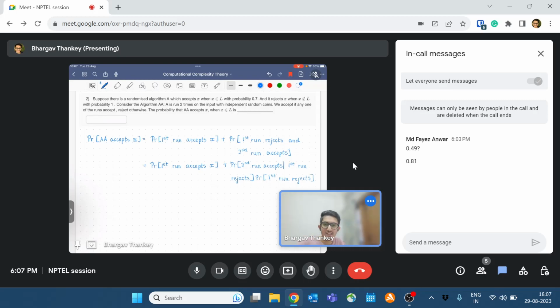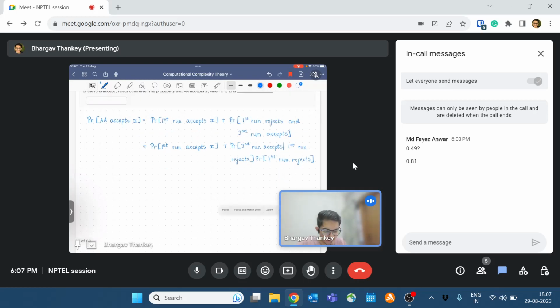Since I'm using conditional probability here, so far I have not used the fact that both runs are independent. This would have been true even if we hadn't been using independent random bits in both runs.